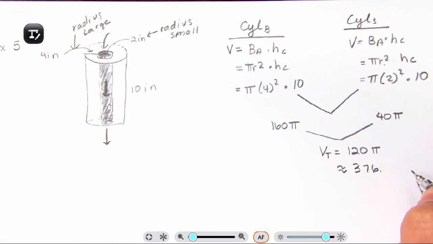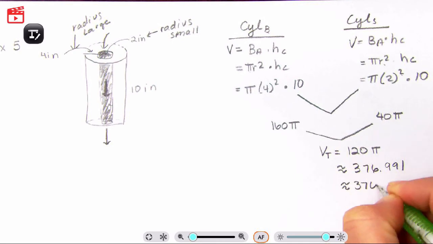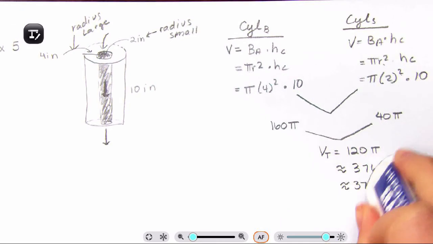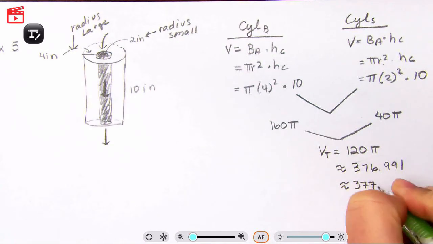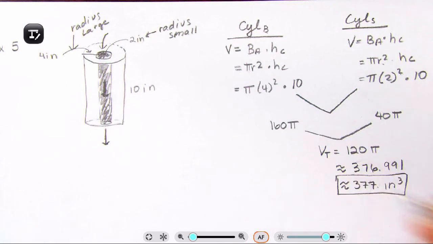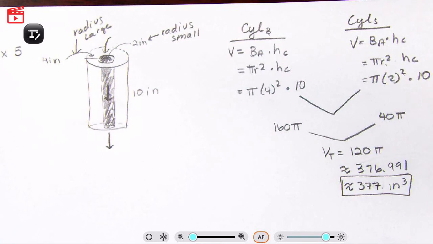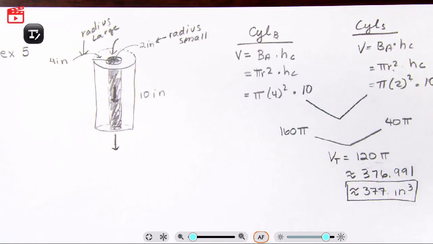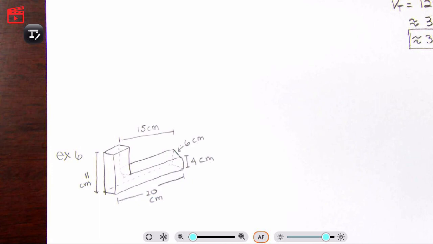So you can round it depending on what they want you to round it to. 377 inches cubed. Again, what are we trying to find? Volume, it is cubed. What are our units of measure? Inches. Make sure you have both of them. To me, 120 pi looks so much better than 376.991.